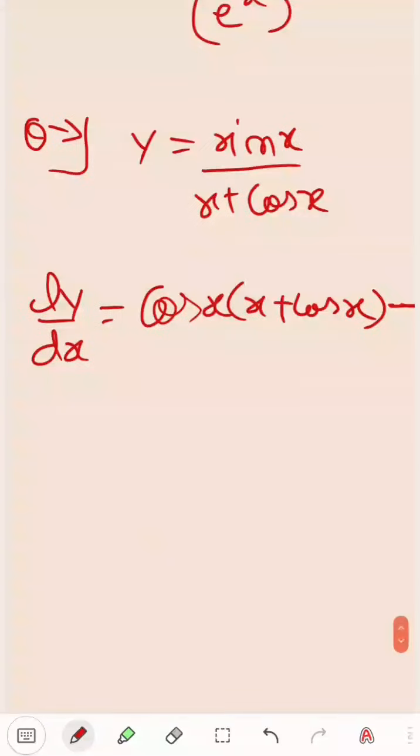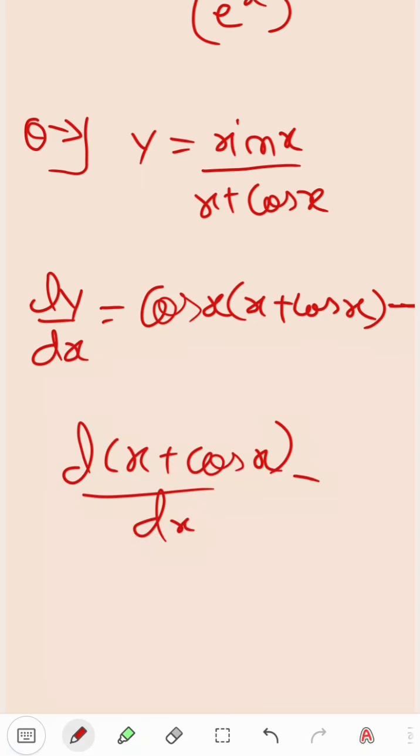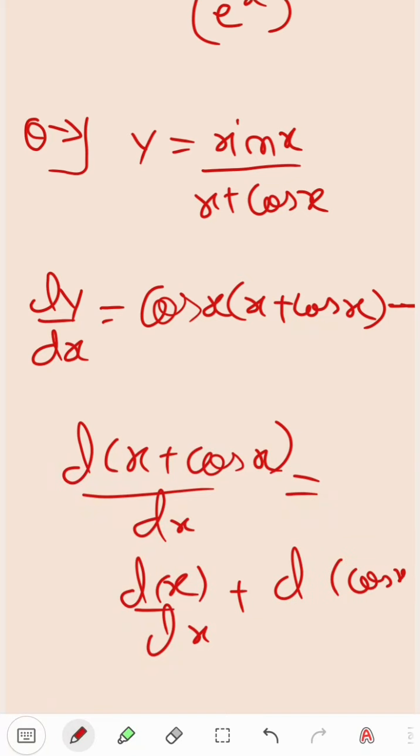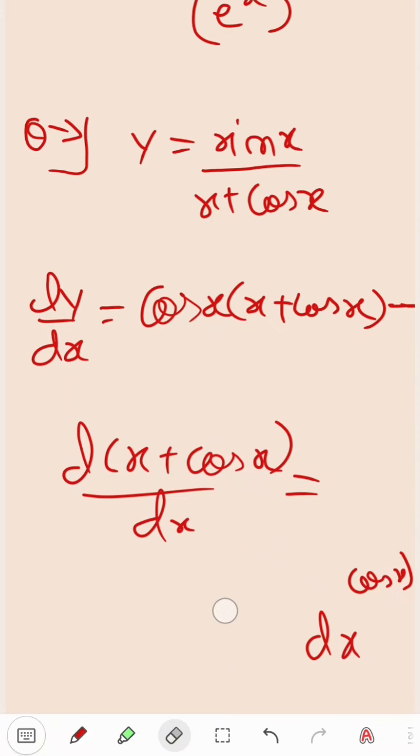Now the derivative of x plus cos x, that is d of (x plus cos x) by dx, we can write as d of x by dx plus d of cos x by dx. I have taught this: we can find the derivative of this type of function by splitting it, so we find the derivative of x and cos x separately and then add directly.